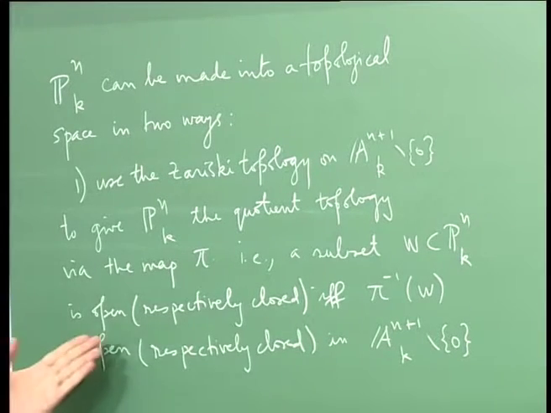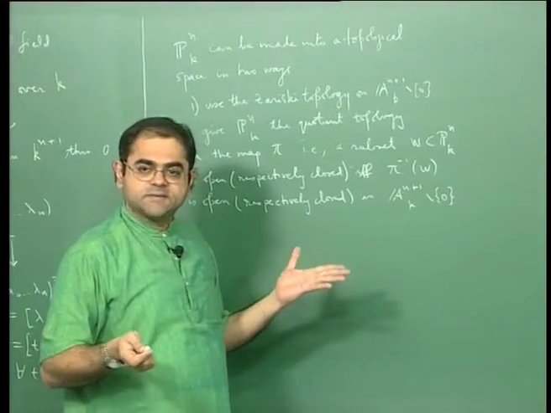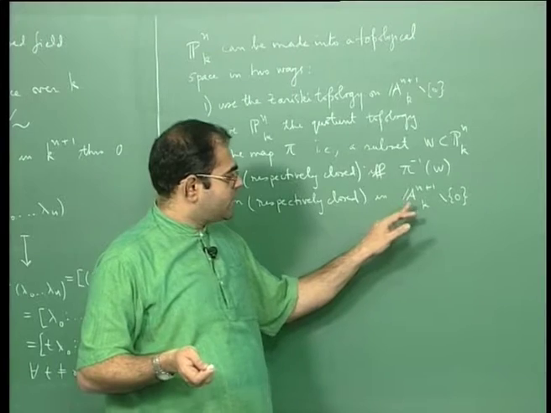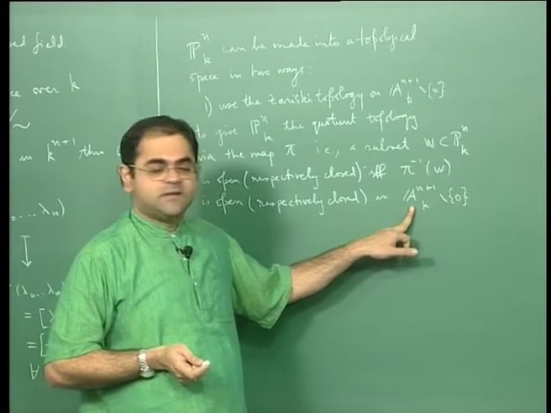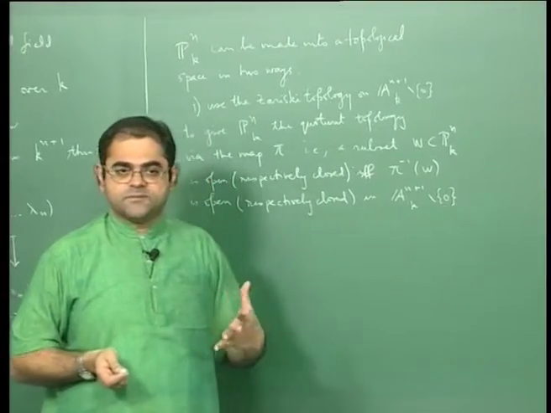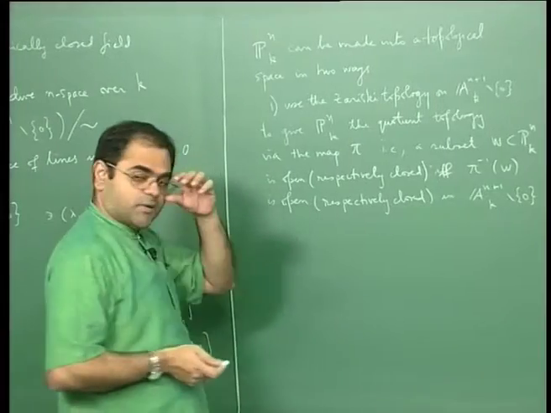Open means it is a complement of a closed set, and a closed set means it is an algebraic set. So a closed set here is an algebraic set in the affine n+1 space with the origin removed, okay. That is what closed sets here are, right, for the induced topology.